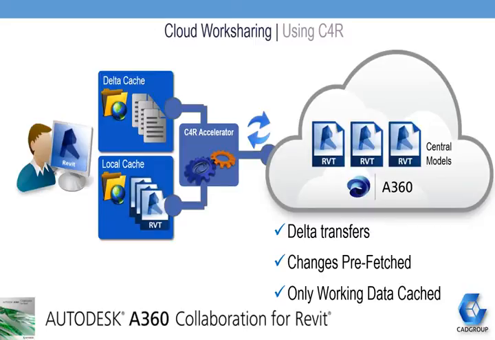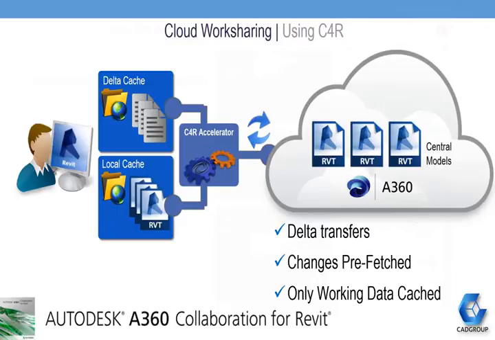It will also create a data cache on the user's C drive, and the C4R accelerator, which is the vectoring technology, compares different versions of the cache with the cloud model. This will ensure a low volume but constant data transfer between the user's computer and the cloud.